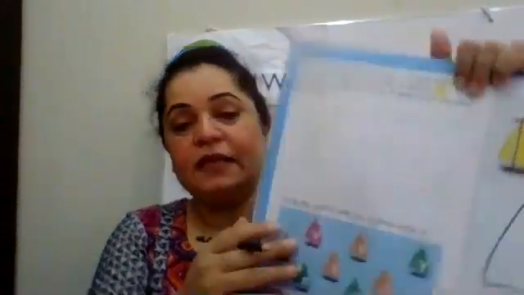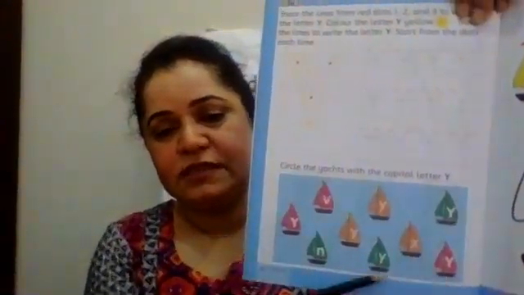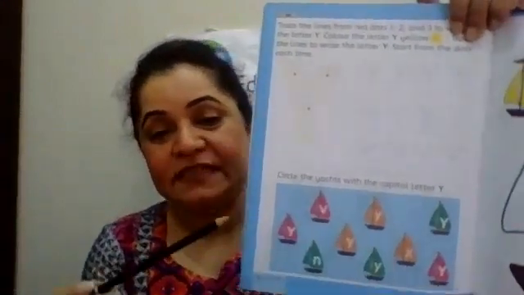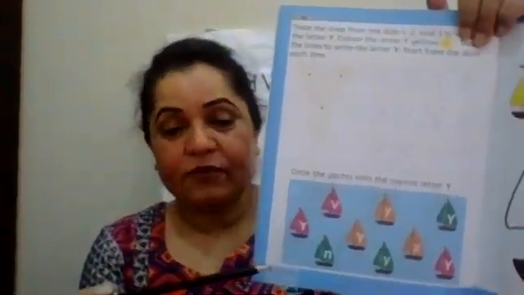Now this says circle the yachts with the capital letter Y. Now they have given us a couple of yachts, so we're only going to circle the yachts with the capital letter Y, right?